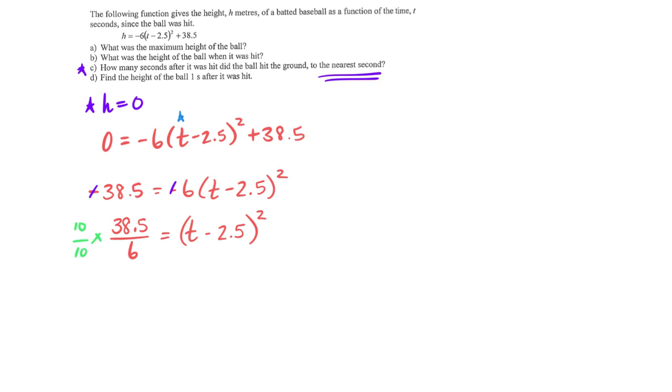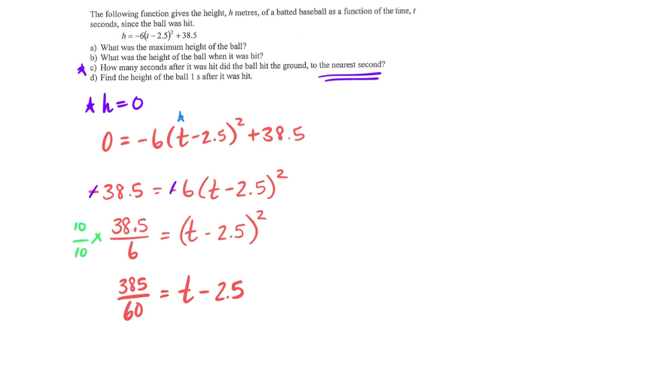You'll notice that that green fraction I just wrote down was 10 divided by 10. That is a value of 1. And if I multiply something by 1, I don't change its value. So I could change my fraction to that, which gives me at least a better simplified fraction.